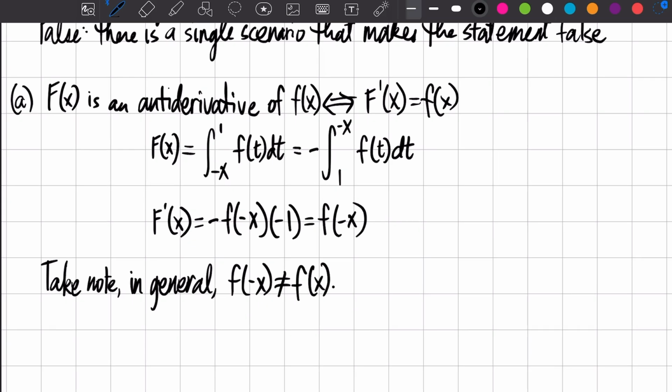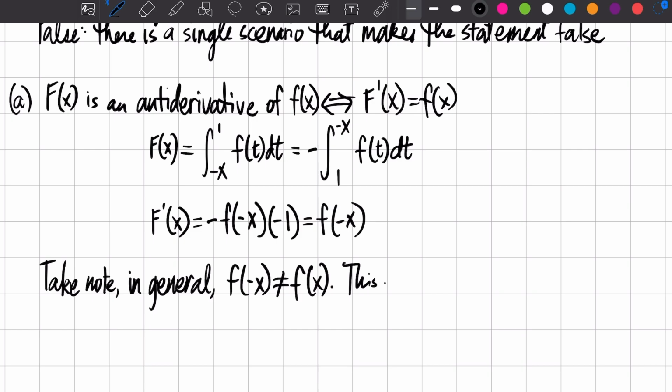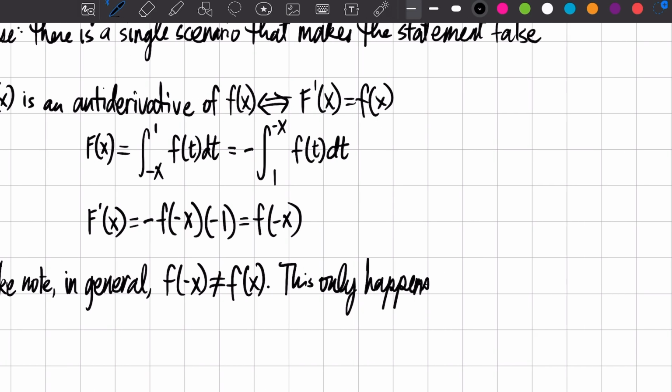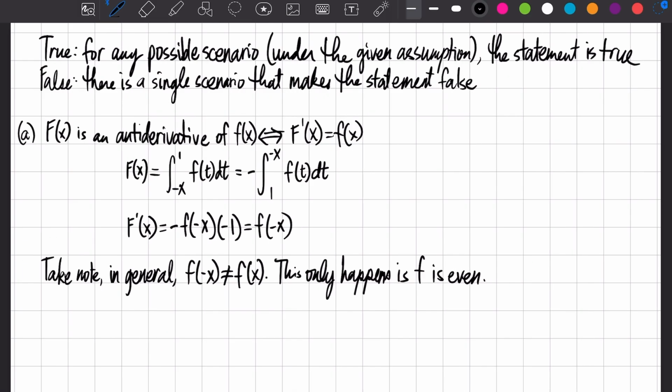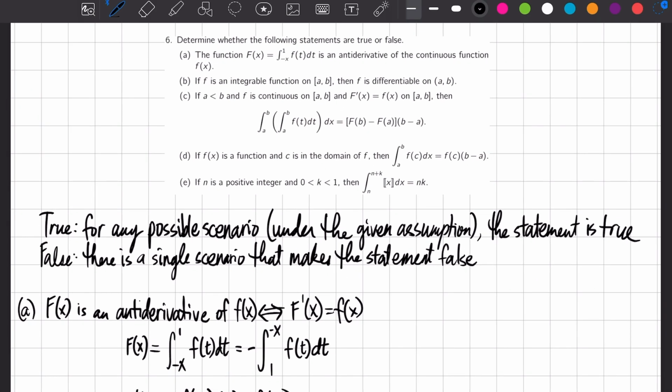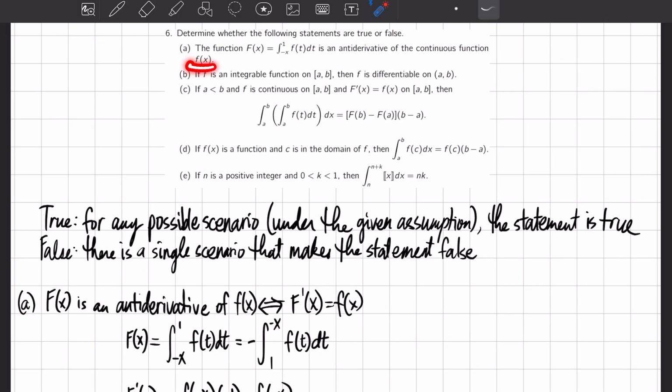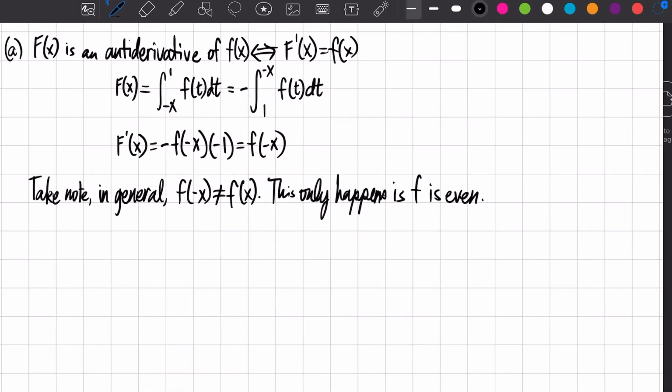Okay? This only happens if f is even. But what we said is that the function f is a continuous function. So we didn't say whether it's even or odd.